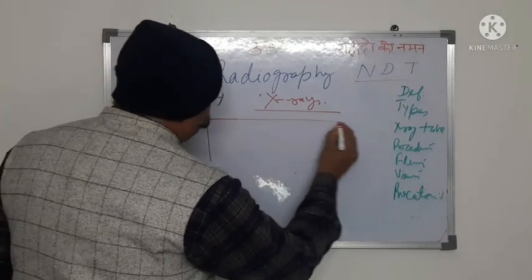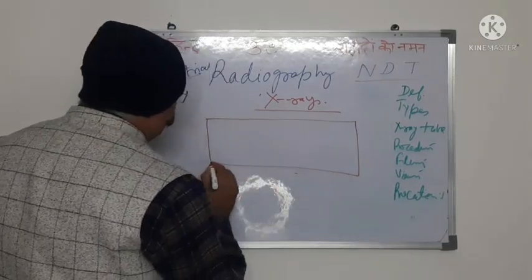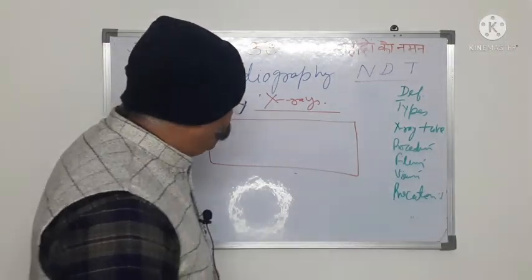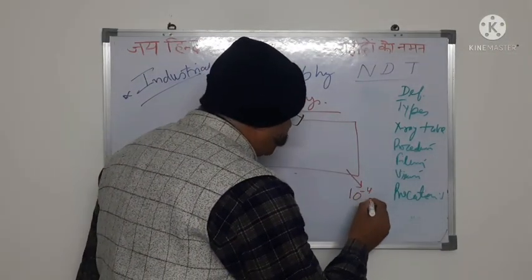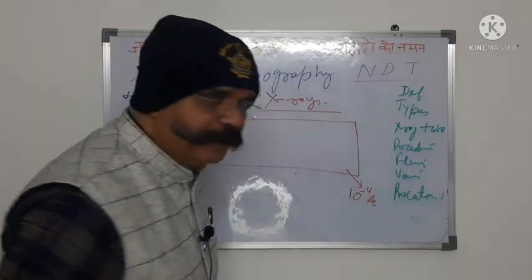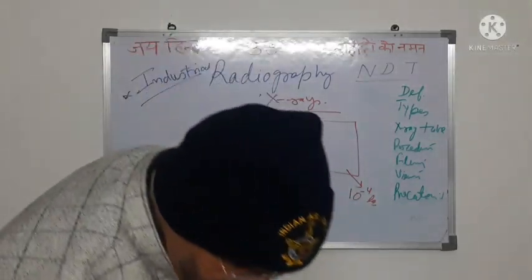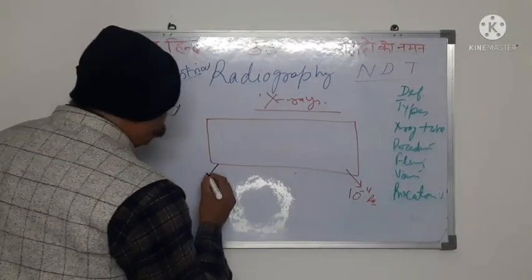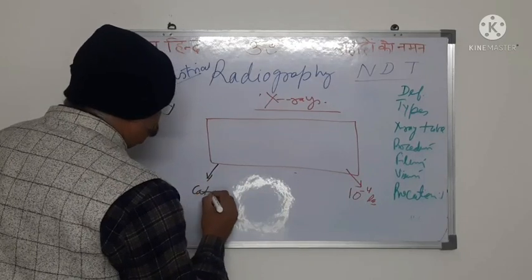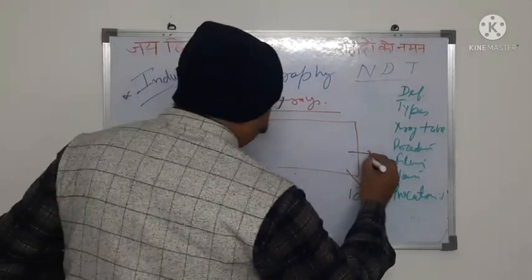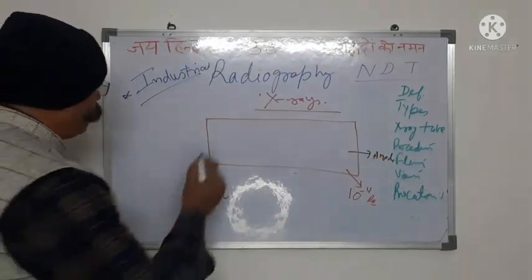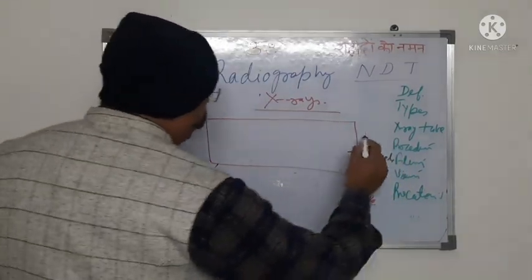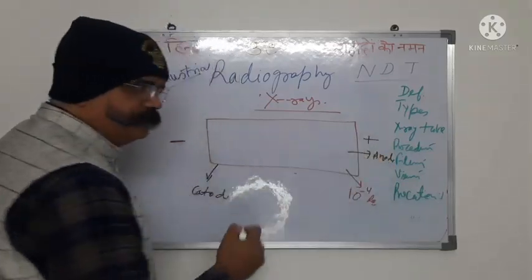This is a vacuum tube. The vacuum pressure is of a very high range, 10 to the minus 4 Pa. Here one cathode end is there and another anode end is there. As you know, the cathode is negatively charged and the anode is positively charged.